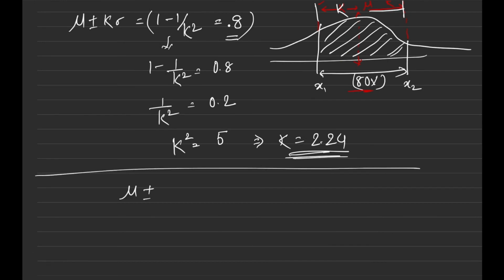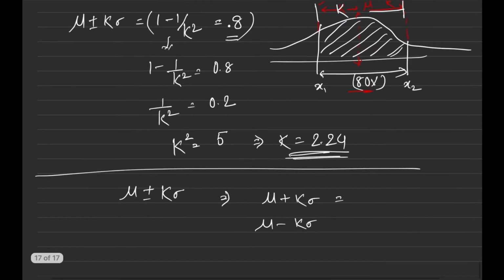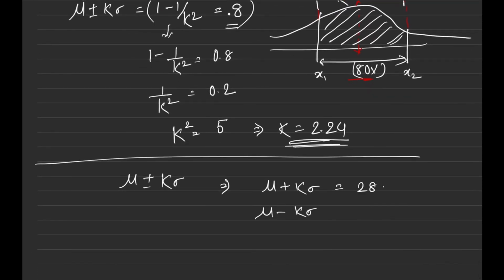Now to find the range, it will be plus minus k sigma. The right hand side point will be mu plus k sigma, and the left hand side point will be mu minus k sigma. Just put the values 28 and 6: 28 plus 2.24 into 6, and 28 minus 2.24 into 6.